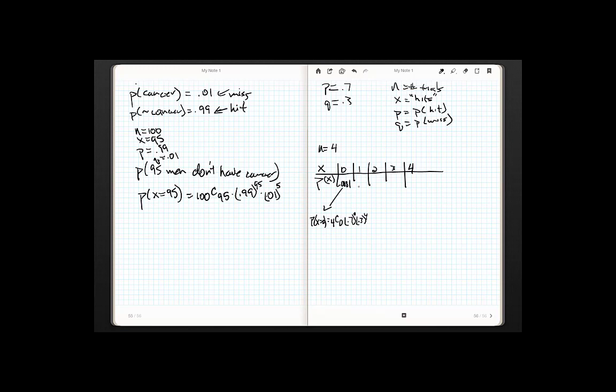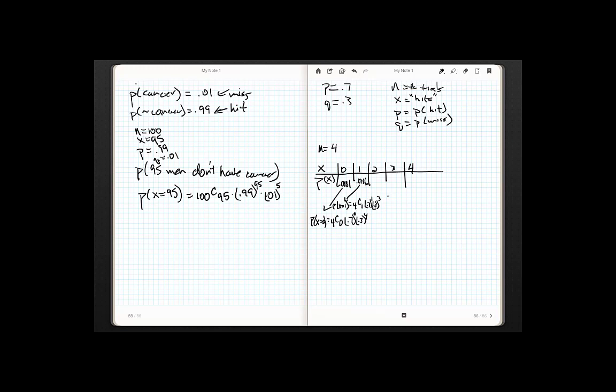This one right here is the probability that x equals 1, which is 4 choose 1, 0.7 to the 1, 0.3 cubed, etc. So if I hit second entry on my calculator, and I go 4 choose 1, 0.7 to the 1, 0.3 to the 3rd, I end up with 0.0756.